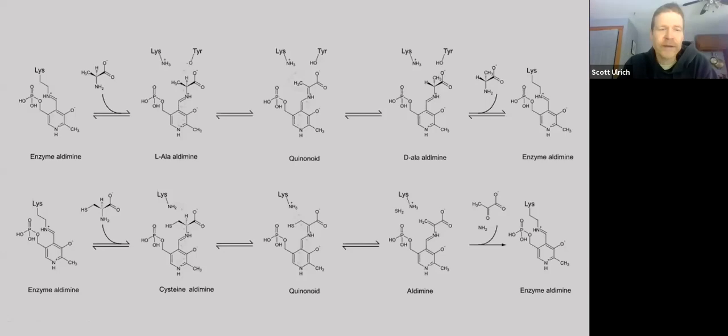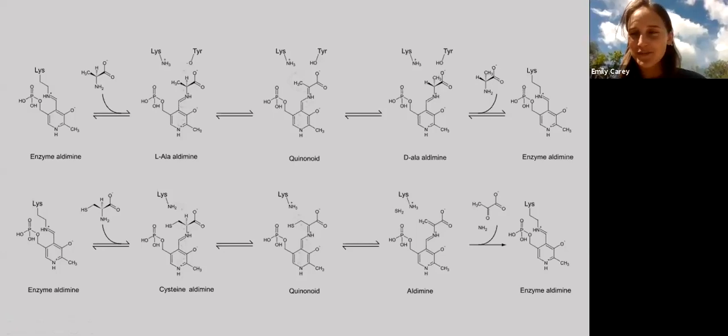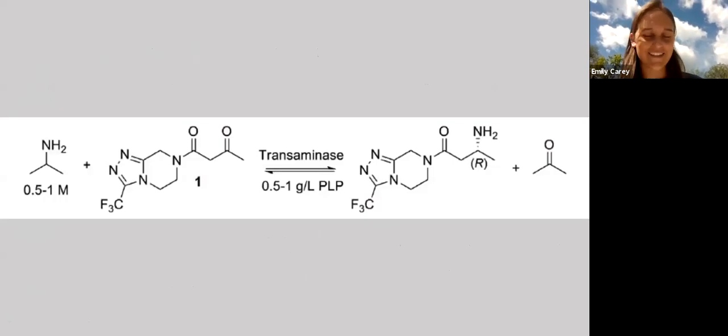So in your reaction, that would be the isopropylamine. So this has some commonality, but not total commonality with the transamination reaction. Okay, so we're just going to skip this slide then. So pretend I didn't show you that.